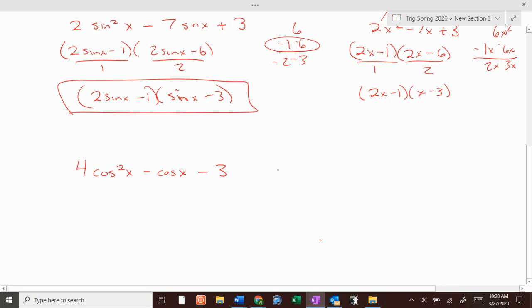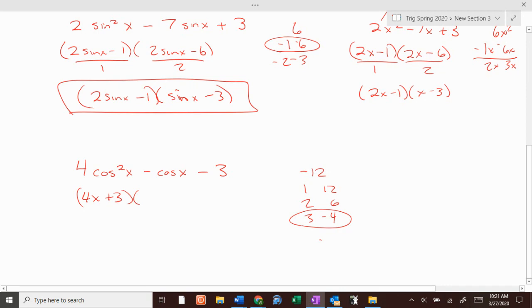Okay? 4 times negative 3 is negative 12. So 1 and 12, 2 and 6, 3 and 4. And then the factors, the only one that makes negative 1 cosine of x would be a negative 4 and 3. So we go 4x plus 3.